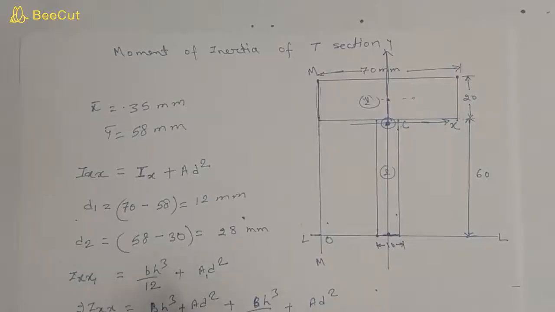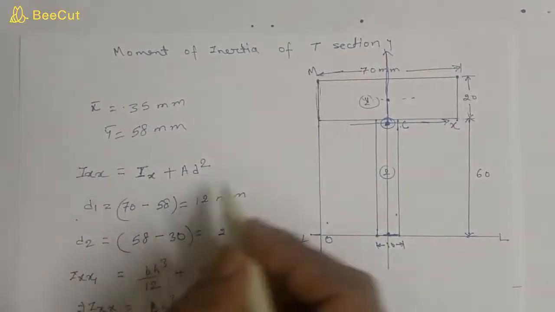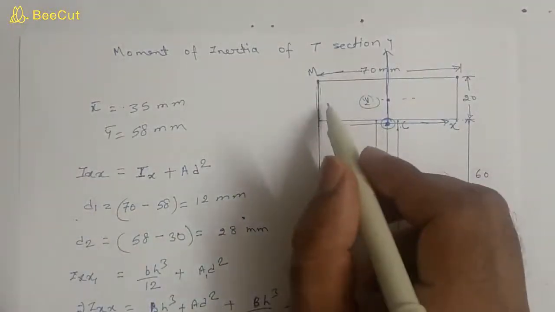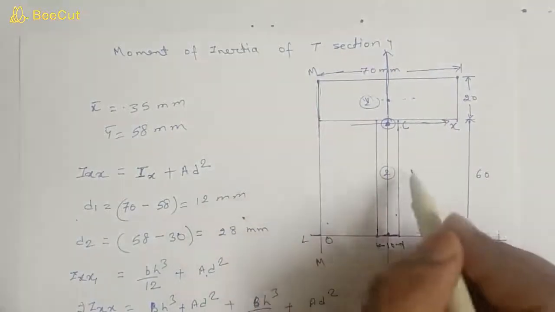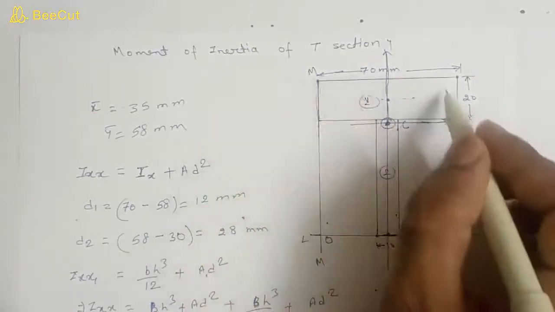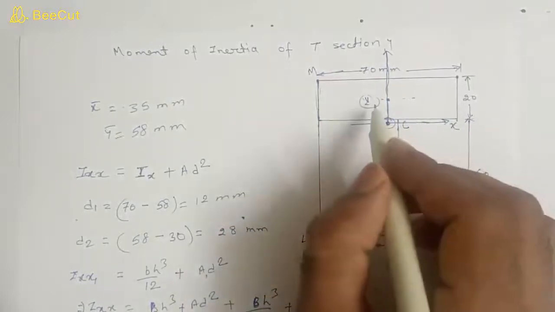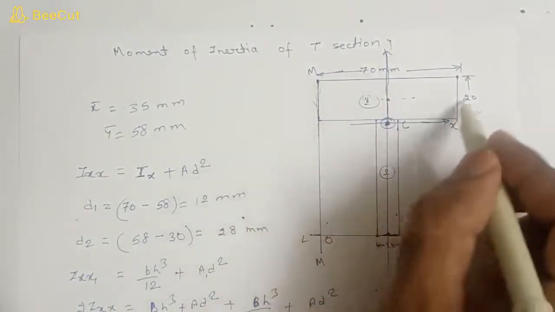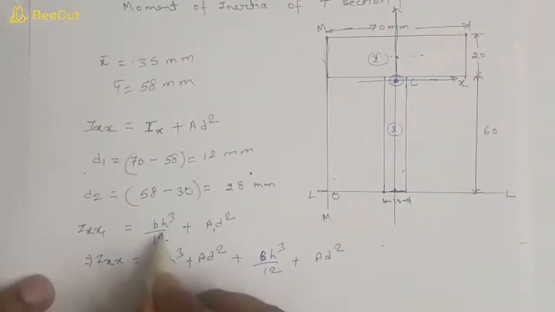So let's see again what we have done. We have seen from the parallel axis theorem the moment of inertia of any shape about any axis other than its own. This is the own axis of this rectangular shape, and this is the centroidal axis. If we calculate the moment of inertia about its own axis, it will be bh cubed by 12.